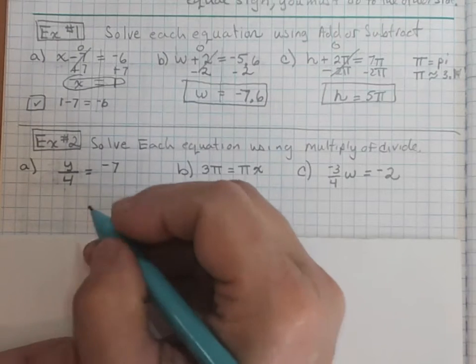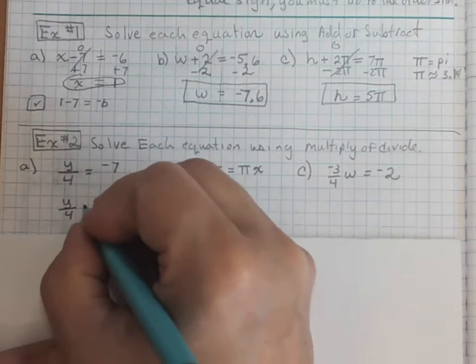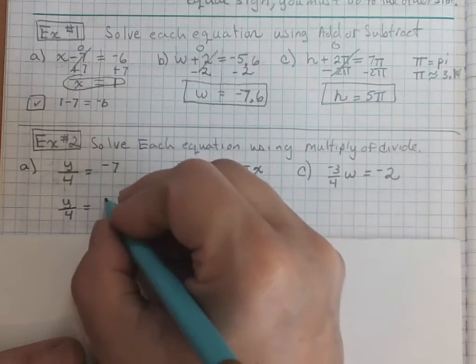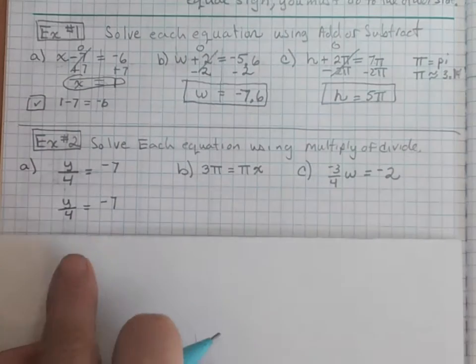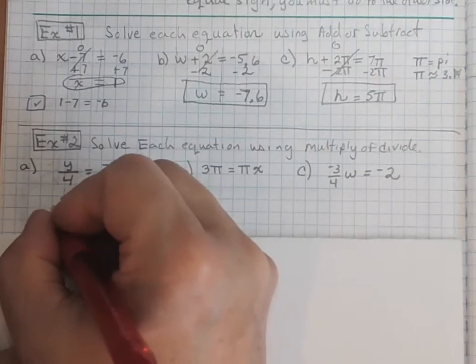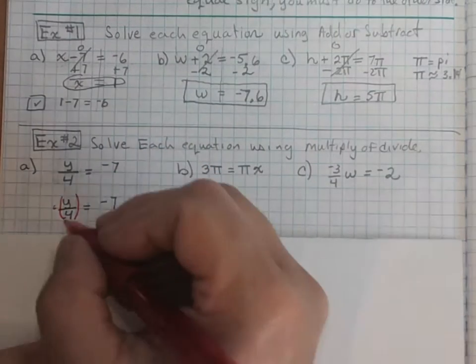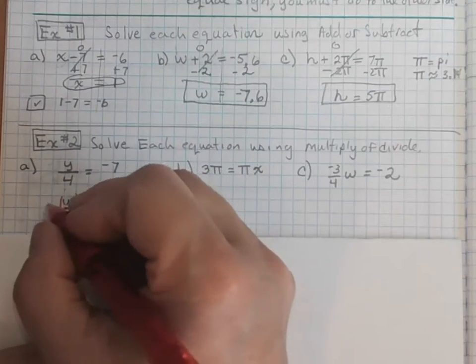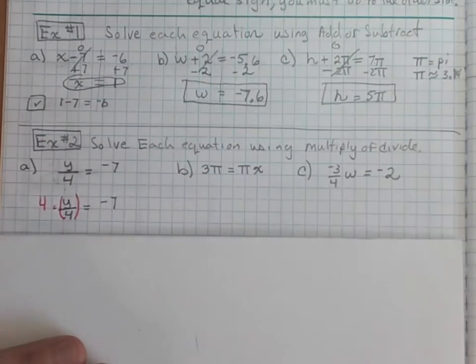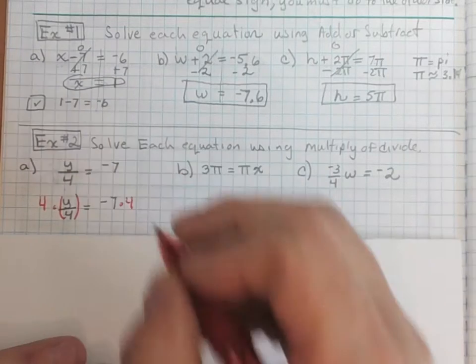So let me rewrite this problem, and I'll show the undoing on the next line. All right, so undoing division with multiplication. I'm going to multiply this number, we can do it with parentheses or with a dot, by the number 4. And then I do the same thing on the other side of the equal sign.